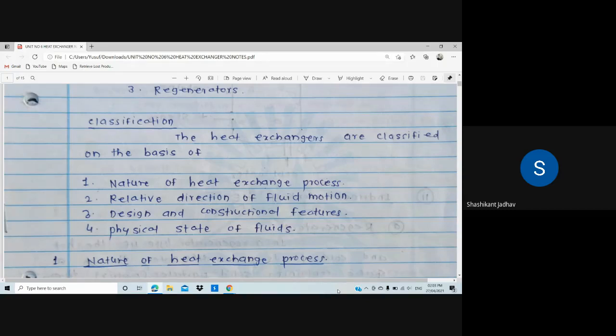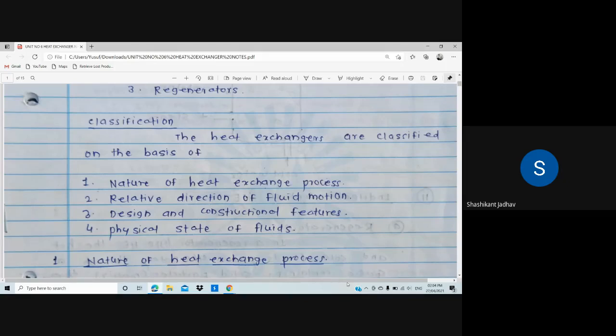And fourth one, physical state of fluids. Okay, so this is the classification.